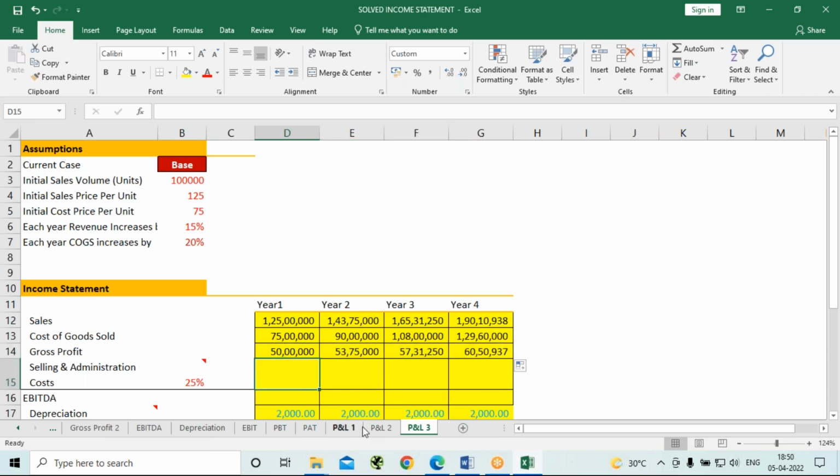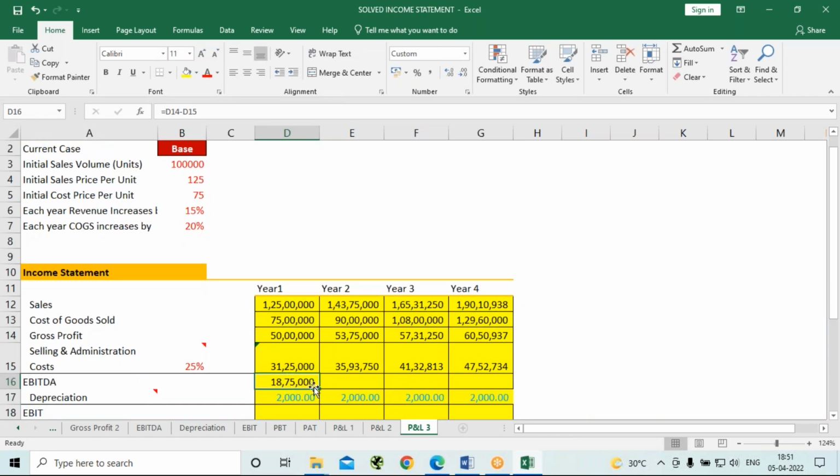Then next, selling and administration cost. It says that it is based on 25% of the revenue value. So we select the revenue into 25% and drag it. The EBITDA will be gross profit minus the cost. So drag this.